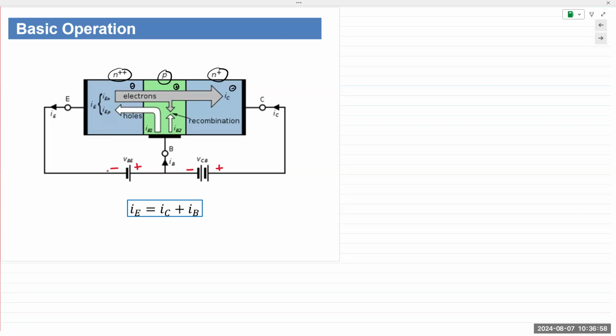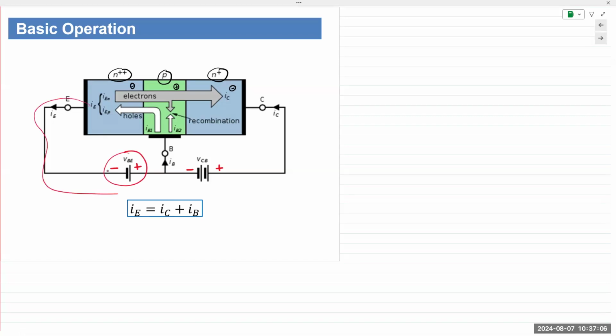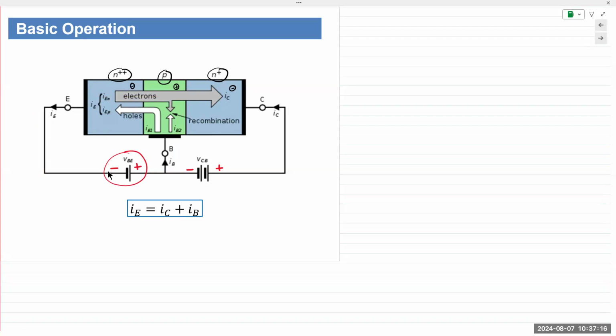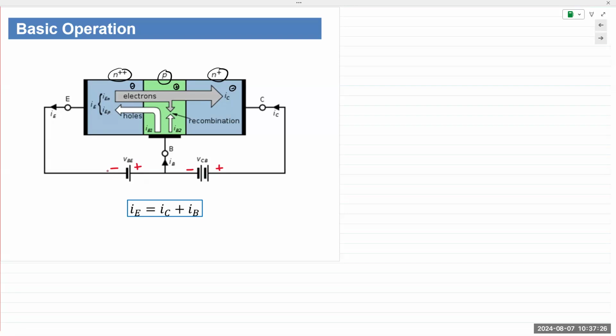So we are applying an external voltage source to this PN junction, right? We're connecting here. So it's a PN junction diode. If we apply the voltage as shown in this figure, what is the mode of operation? Is it forward bias or is it reverse bias? N, P, N. The negative end is applied to N, so it's forward bias.